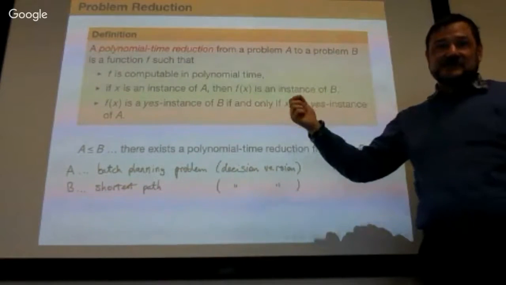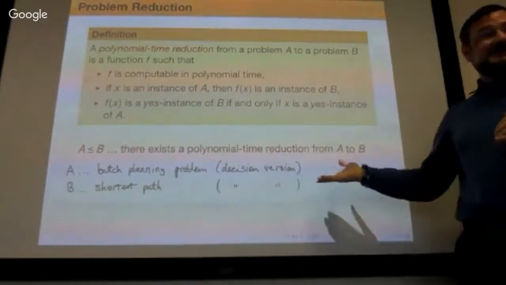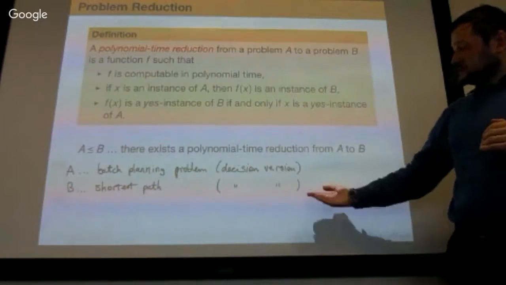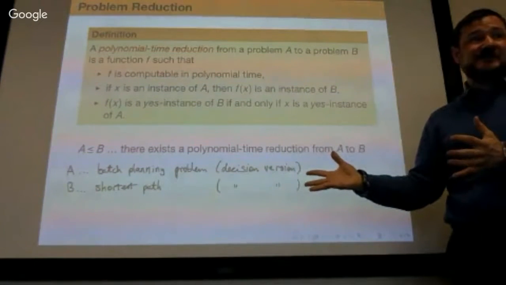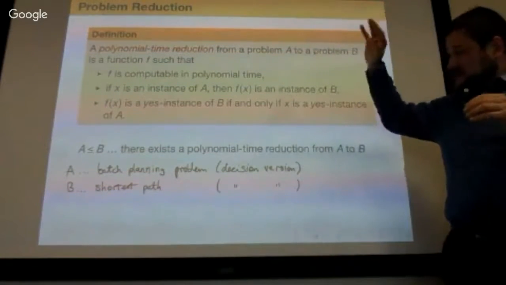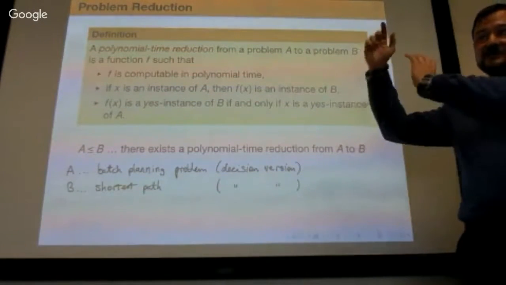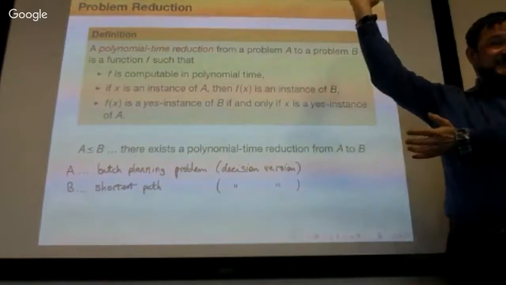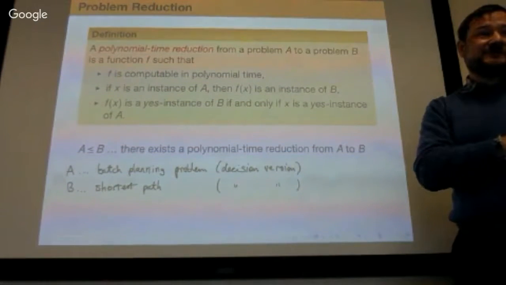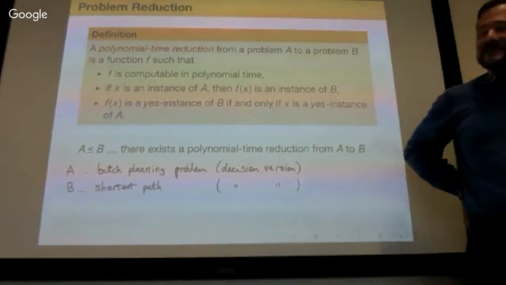Otherwise, we would lose the information. So if I get a batch planning problem and some cost, we produce a graph and some path length. If the answer was yes, you can do it with this cost, I want yes, the shortest path is at most this. If the answer was no, you can't possibly do it with at most this cost, then the answer should be no, you can't possibly get that path. The answer is preserved.